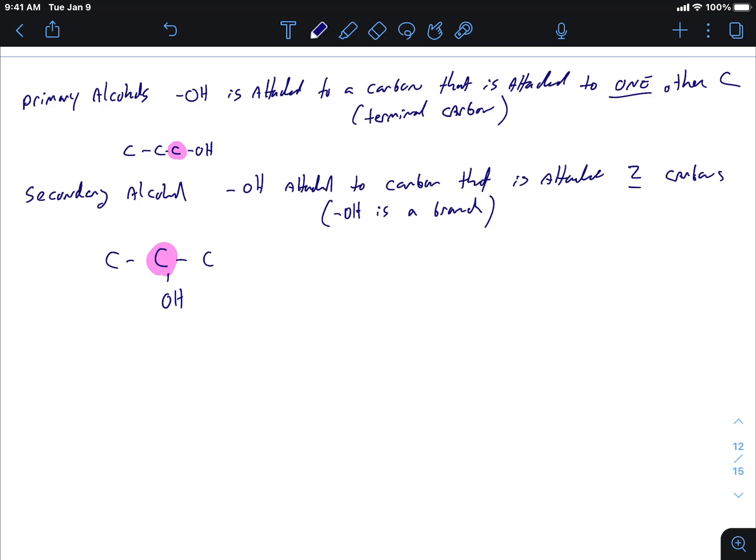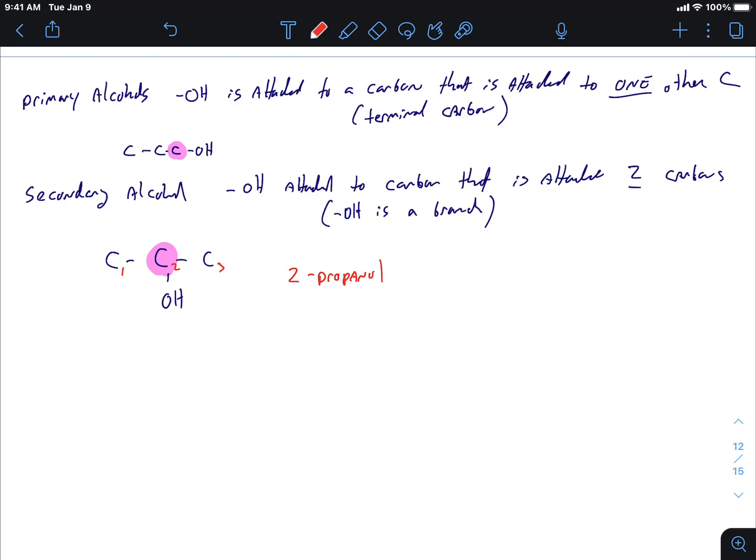Because it's a branch, you need to involve carbon number in your naming conventions. So call this 1, call this 2, call this 3. This would be 2-propanol, because there's 3 carbons long, it's an alcohol, and the functional group is on carbon 2.